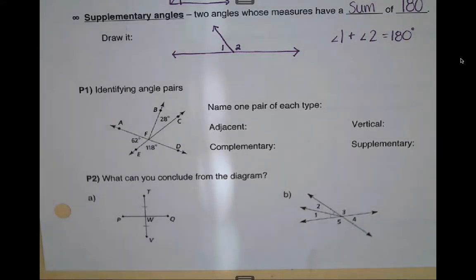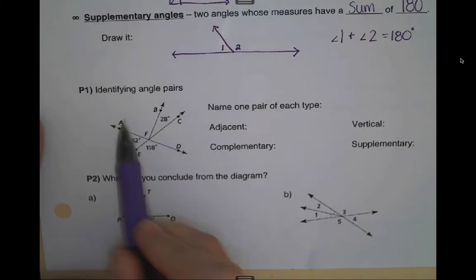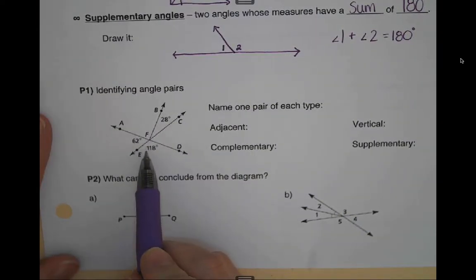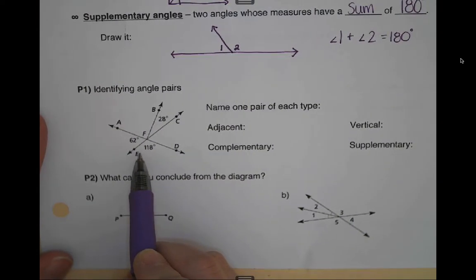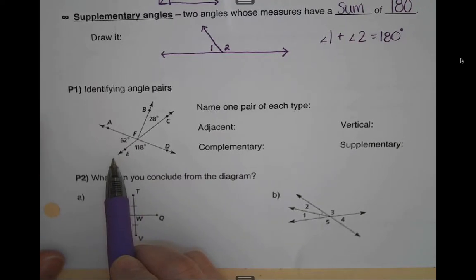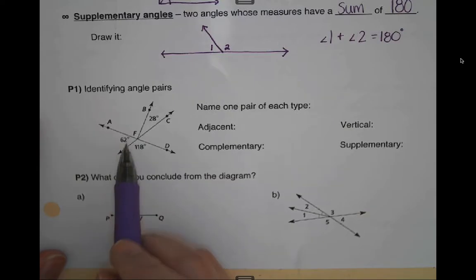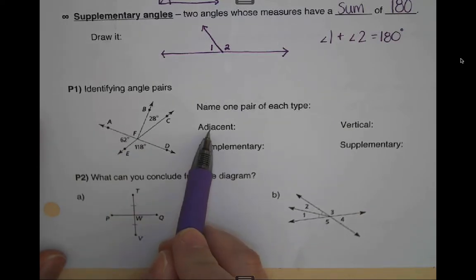So we identified the terms up above: adjacent angles, vertical angles, complementary angles, and supplementary angles. We're going to now identify some of those angle pairs in this picture here. Name one of each type. There could be more, but we're just going to name one to give an example. An adjacent pair of angles, angles that are coplanar, they have a common side and a common vertex.